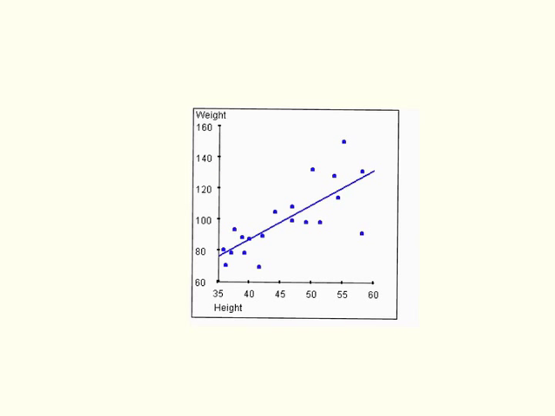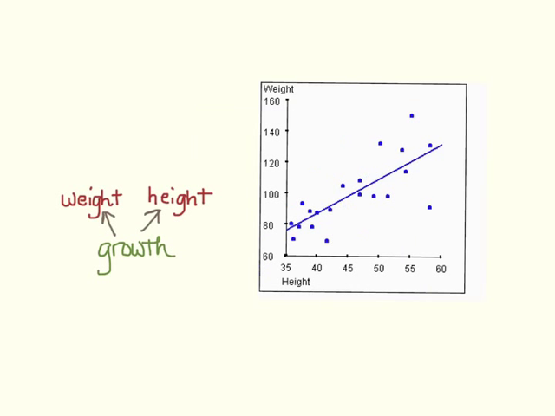So for example, age, right? As you get older, up to a point, you increase in height and then you increase in weight. So growth overall. So these are not causally related, but they're likely linked by a common causal factor.